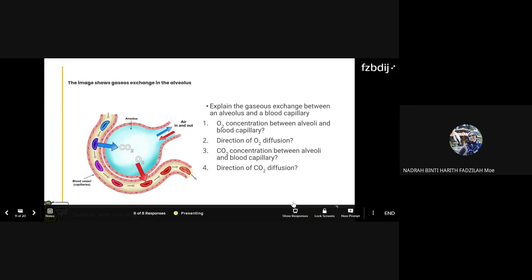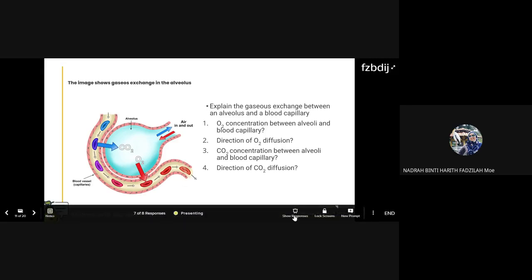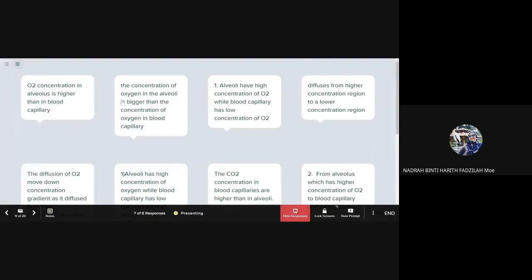That will show the examiners that we know, even though we don't mention it is simple diffusion, the use of the verb diffuse shows to the examiners that we understand we are explaining simple diffusion. If we are using move, move tu not necessarily show diffusion. Mungkin kita tengah cakap pasal active transport dan sebagainya kan. So itulah saya punya argument. Tapi tak apa, both verbs are correct.